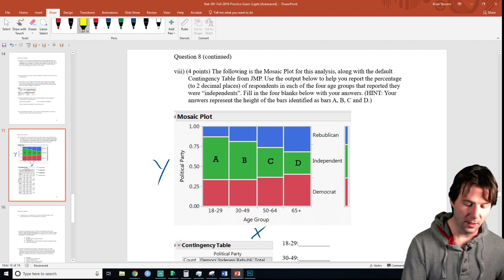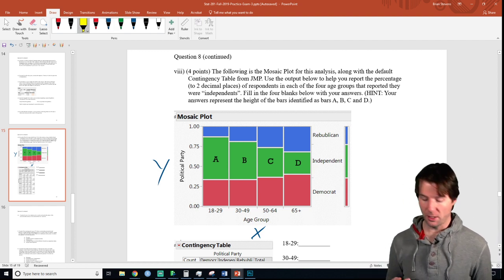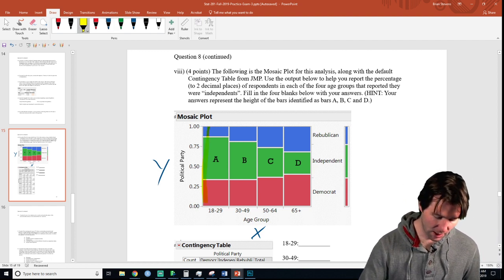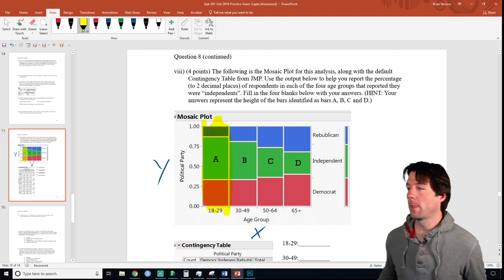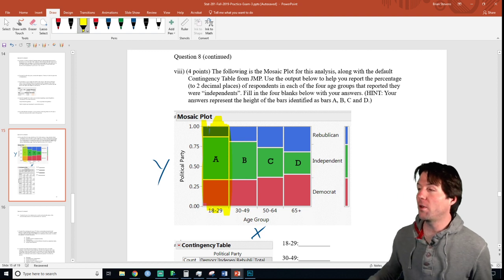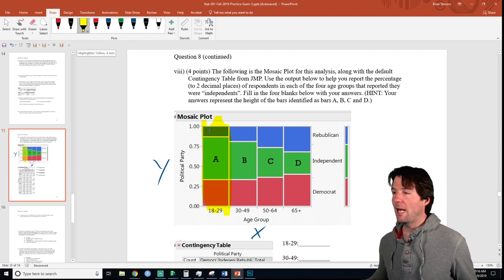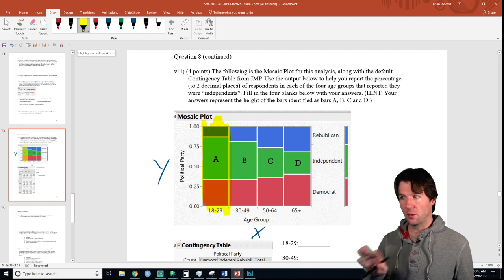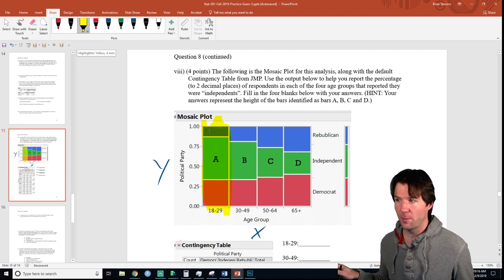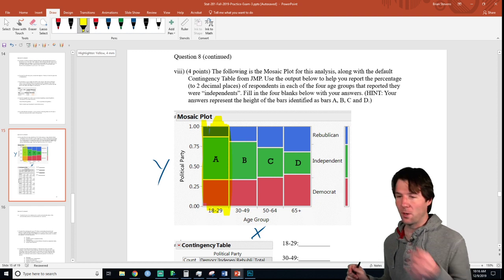Now, here's the hard thing, and what confuses people about this question. Right there, all those people I've highlighted, every single one of them is what?